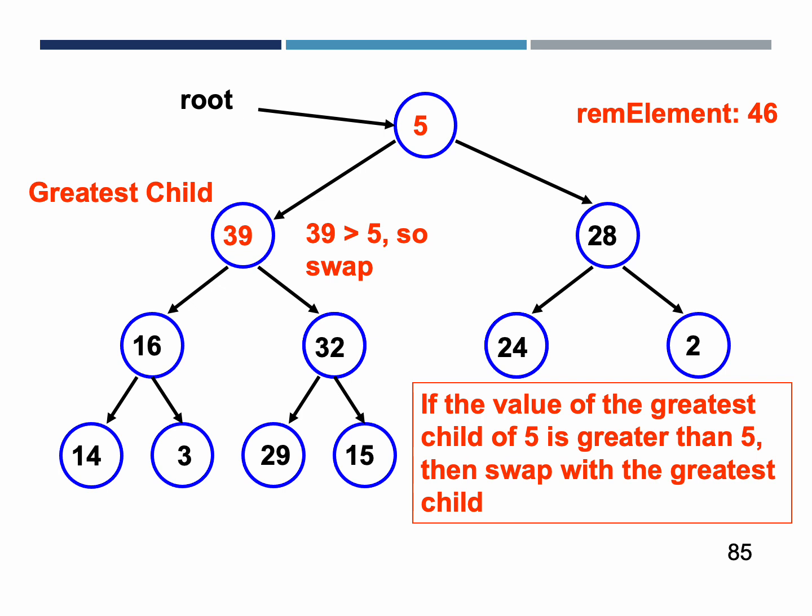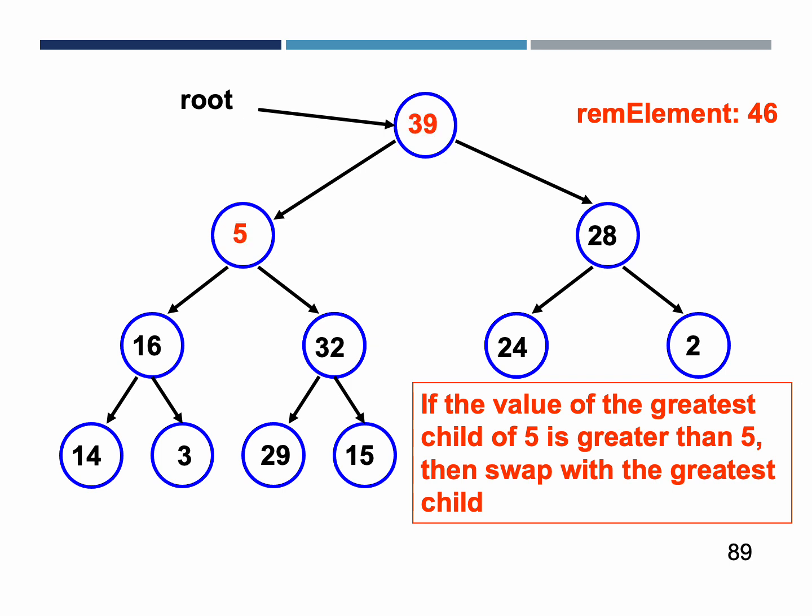Greatest child means 5 has two children, 39 and 28. Between 39 and 28, the greatest child is 39, so we'll compare with 39 first. When the greatest child is greater than 5, it will swap with the root. So it is greater than 5, so it will swap like that.